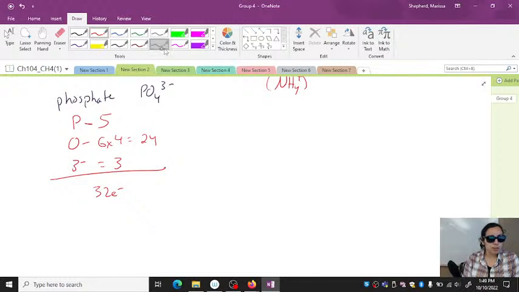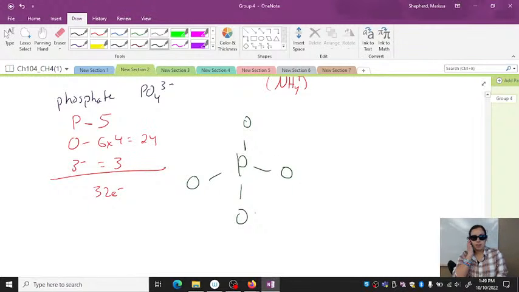And so again, first thing, I would just start putting a bond to each oxygen. And then you can assess. So I have 8 so far. Well, I could just do this, so I could fill in the octet.